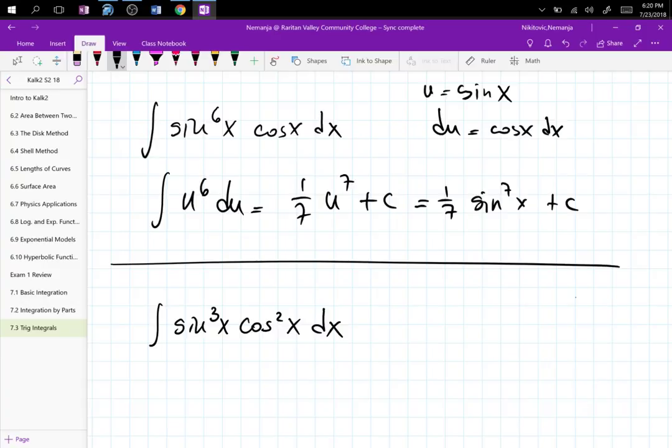This is a problem because both trig functions have exponents. We know they're pairs, right? Because sine and cosine, either one of these could be the function and the other one left with du, to use u sub, u sub from Calc 1. But when you look at this problem, what should I do?